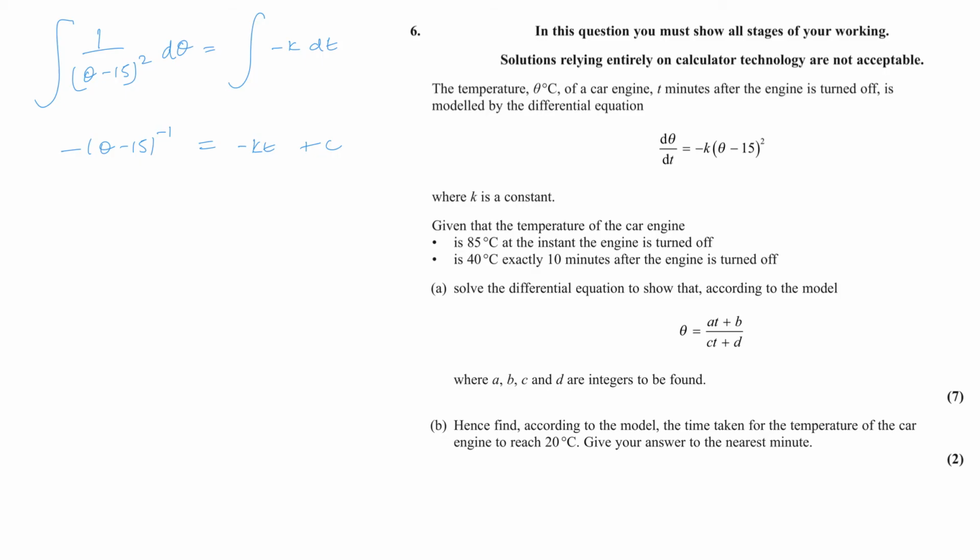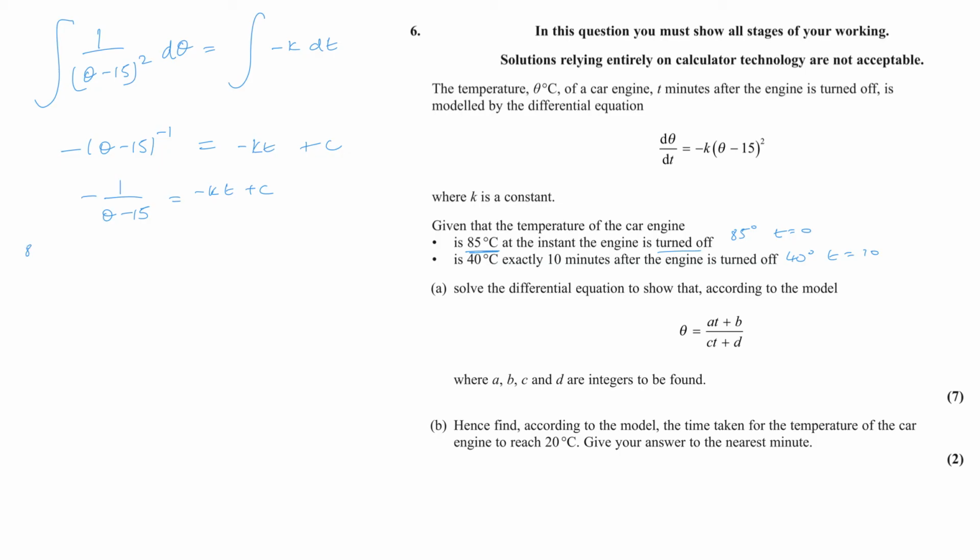Now, the temperature of the car is 85 degrees the instant it's turned off. So 85 degrees when t equals 0, 40 degrees when t equals 10. So those are the values I've got. I've got 2 unknowns and then 2 sets of values. So let me rewrite this equation as minus 1 over (theta minus 15) equals minus kt plus c.